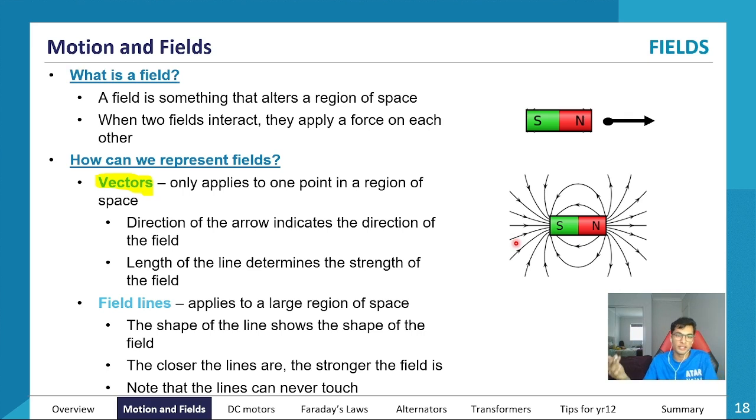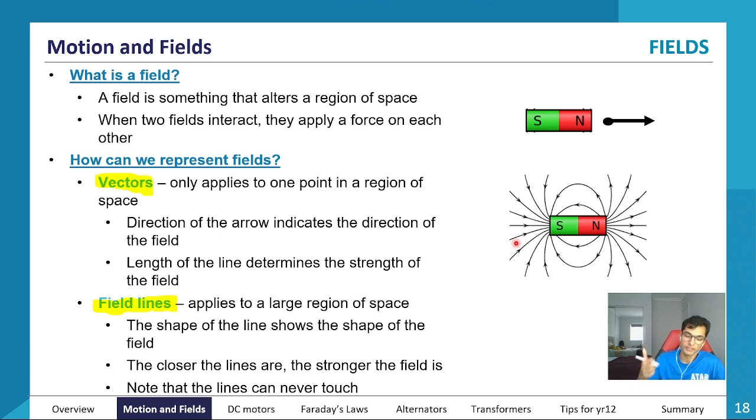So to represent the vectors and the direction which the field is acting in, we use something called field lines. And this is basically just a bunch of lines coming out of a field with arrows that tell us which way the field is acting.